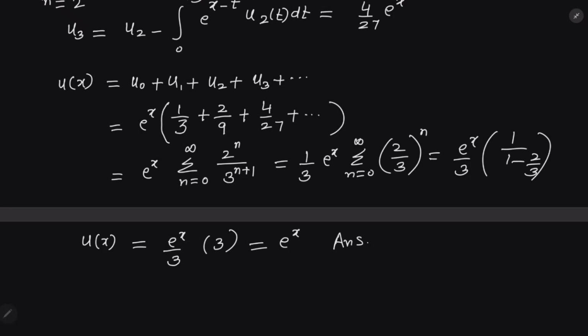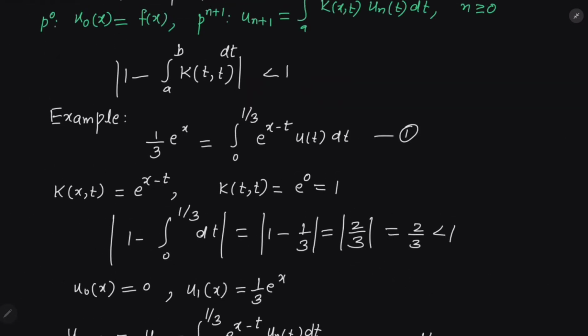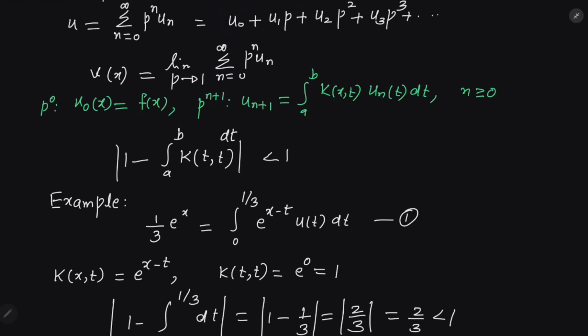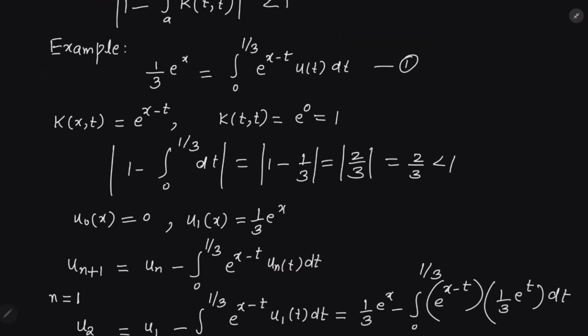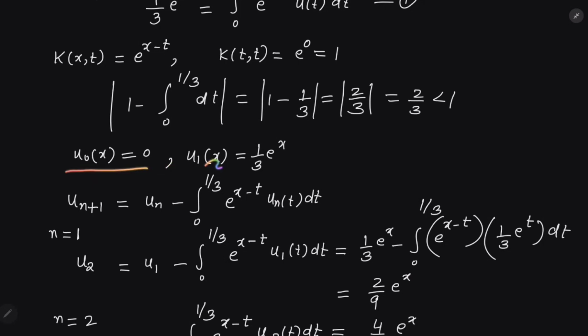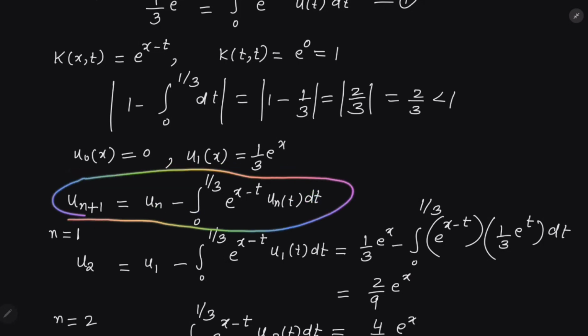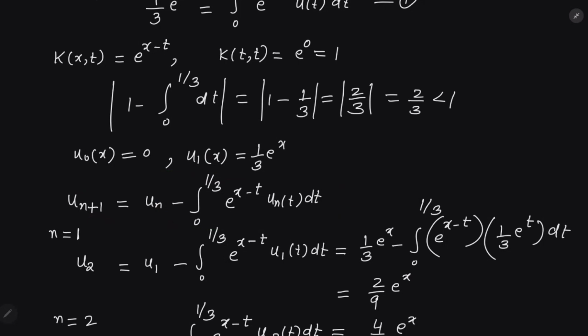So let me just go back to look at the theory, how this probably has arrived and how we solved this integral equation while considering u0 and u1, and where this formula comes from. There is no homotopy perturbation method. Let me just go back to the theory first.